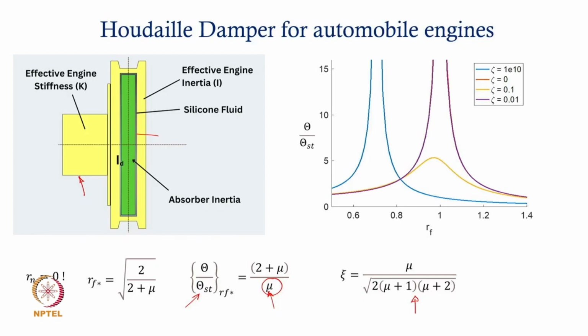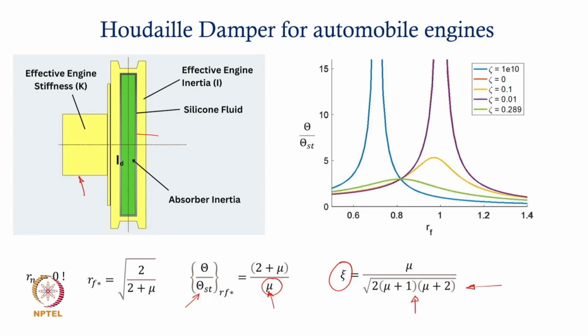Okay, so if you want to know how this zeta is calculated, there are expressions for which the design parameters will be the clearance in that space, the viscosity of the fluid, and so on, and the dimensions of the disc. So those expressions can be used to adjust the design parameters like the diameter and the clearance, so that you get an effective zeta equal to what you have calculated from this particular expression.